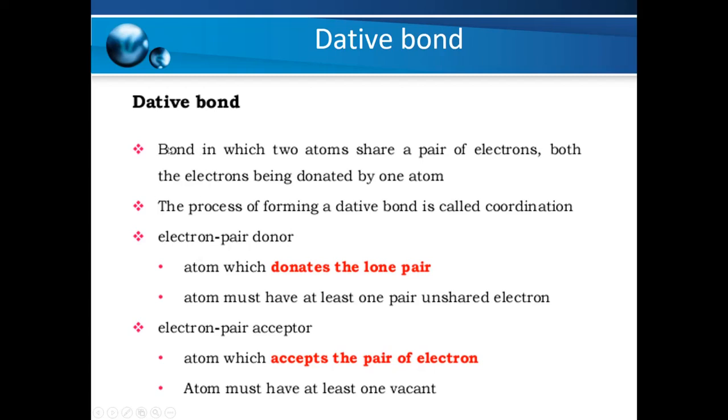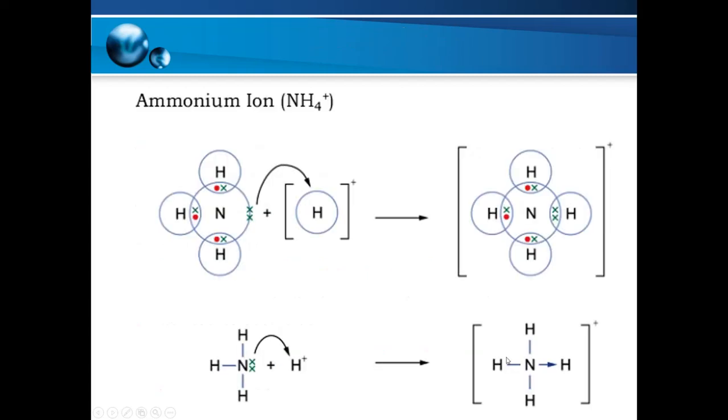And what is a dative bond? It is a bond in which two atoms share a pair of electrons, both electrons being donated by one atom. The process of forming a dative bond is called coordination. The electron pair donor is the atom which donates the lone pair; the atom must have at least one unshared electron pair. The electron pair acceptor is the atom which accepts the pair of electrons and must have at least one vacant orbital.